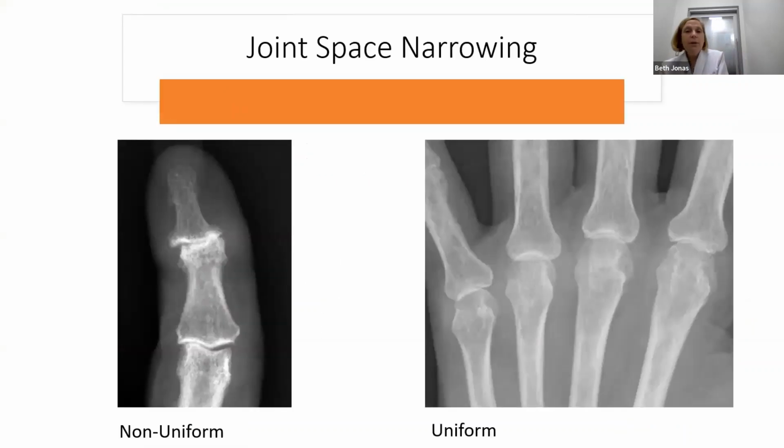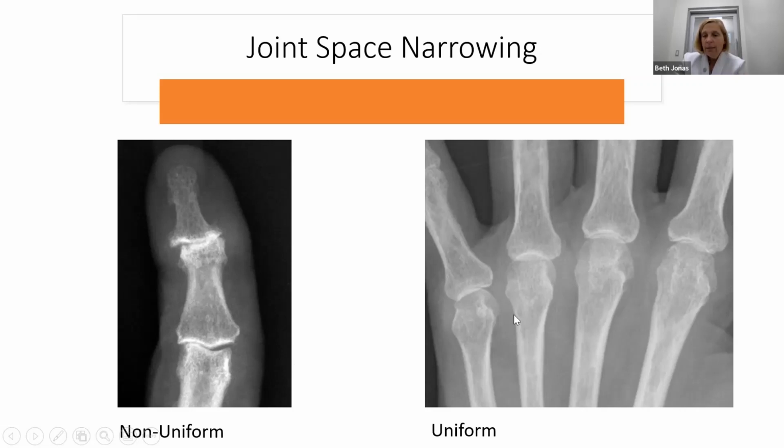So here are a couple of examples. On the left is a finger that has an arthropathy involving the DIP and PIP joints. In this PIP joint, you can see that one side of the joint is narrower than the other. So this is non-uniform joint space narrowing.